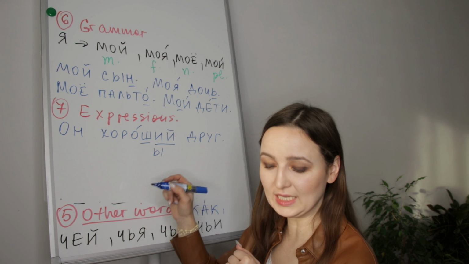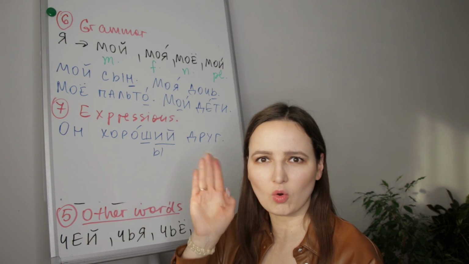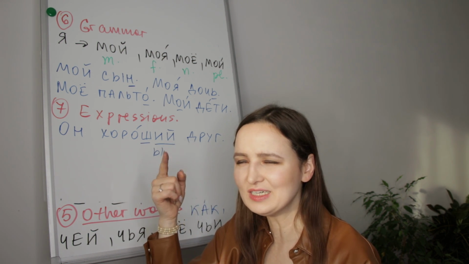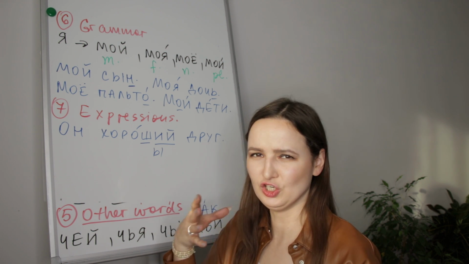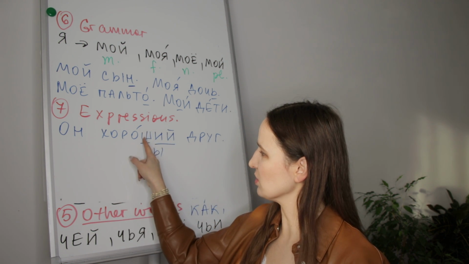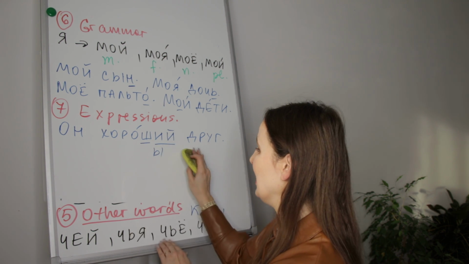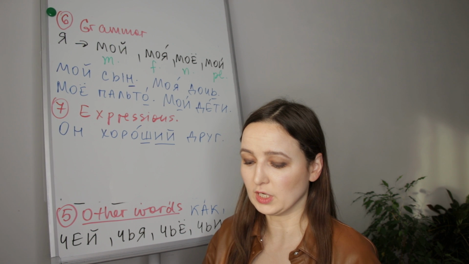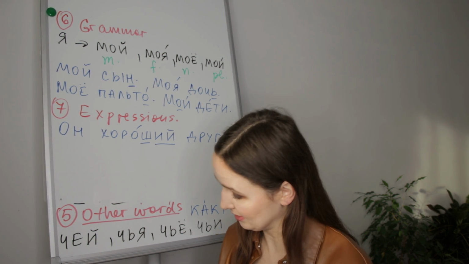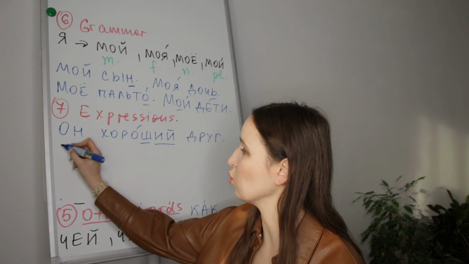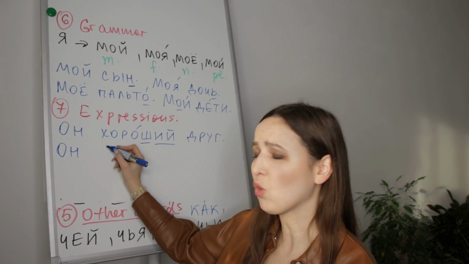This is why we will use и. Хороший. Although we pronounce ы, right? You hear ы. But because this letter does not support ы after it, we will use и. Хороший друг. Он хороший друг. He's a good friend. Он плохой друг.